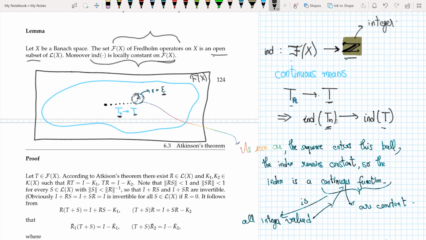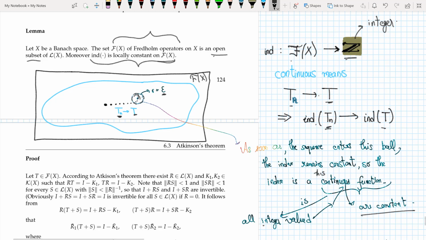So now this continuous function here is integer valued, and I know that all integer valued continuous functions are constant. How do I know that?